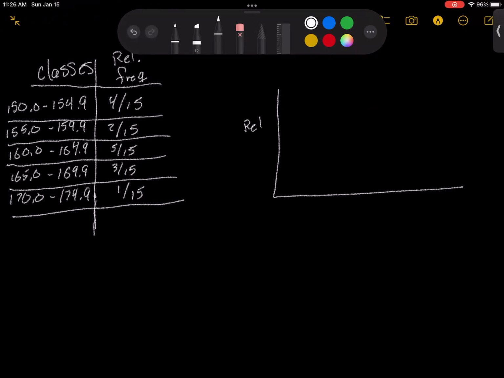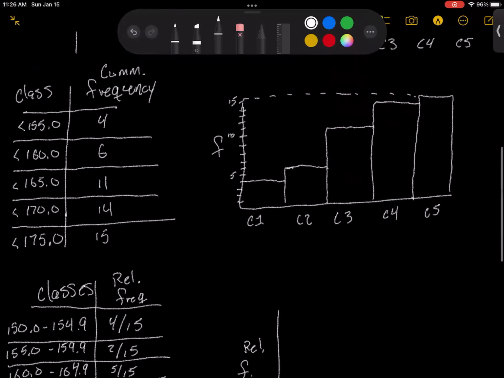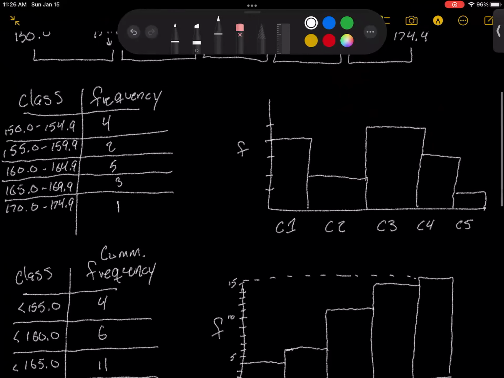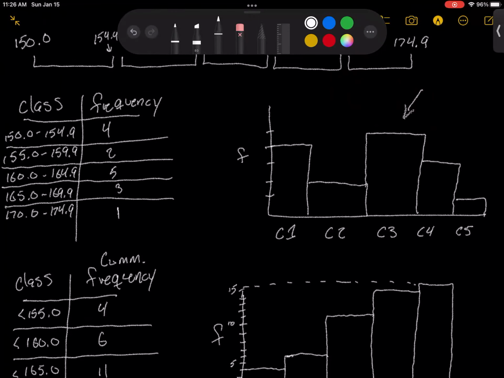So if we have our relative frequencies here and our classes, then we're going to end up with the exact same shape as our original distribution. We're going to end up with a shape that looks like this.